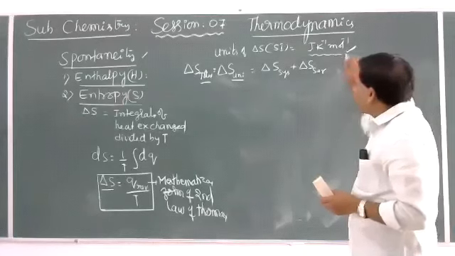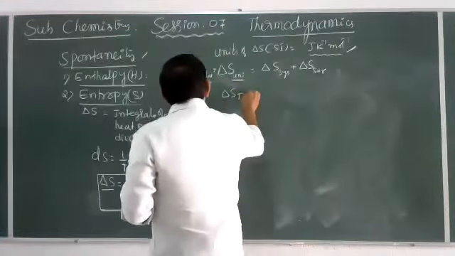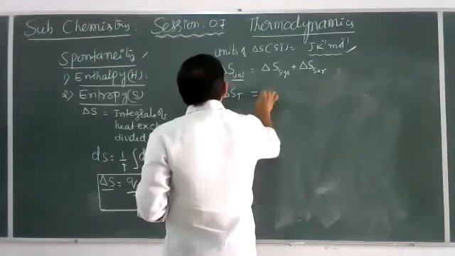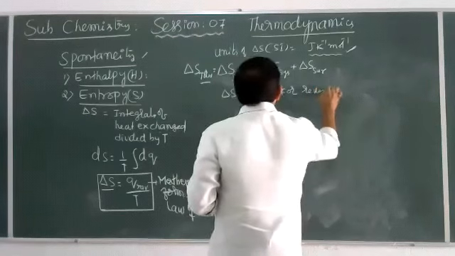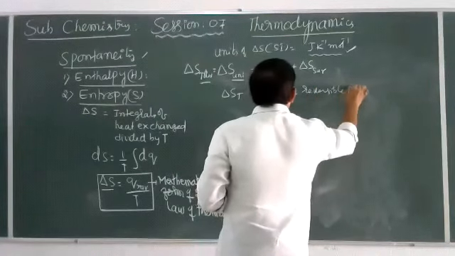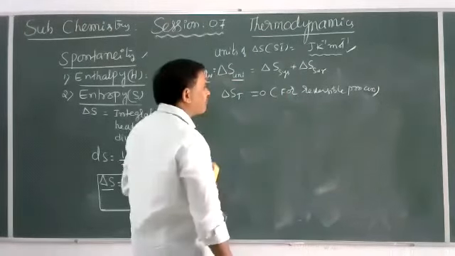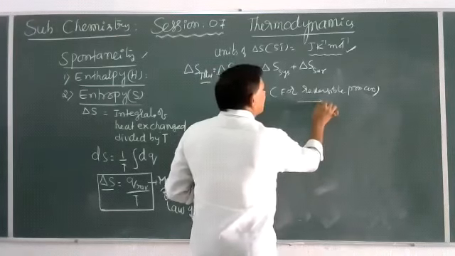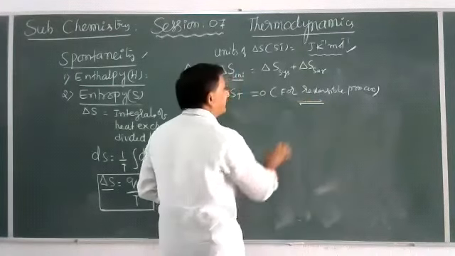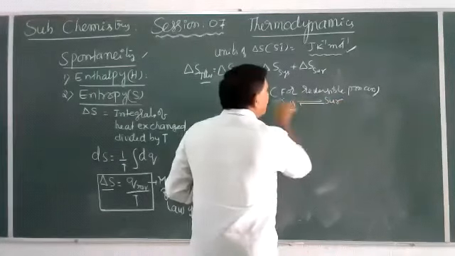By using these, delta S total is equal to 0 for a reversible process. Reversible means reactants can be converted to products and products can be converted to reactants, or the system to surroundings and surroundings to the system.